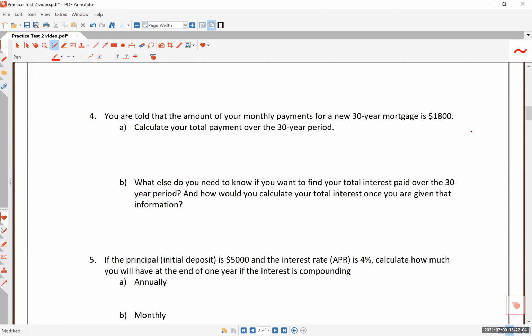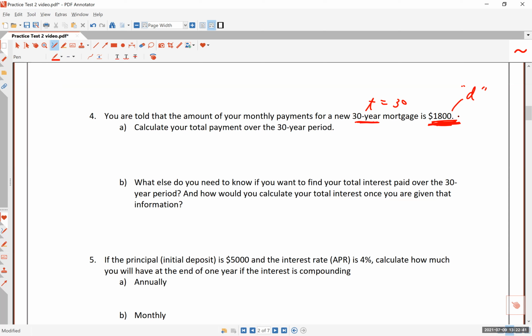You are told that the amount of your monthly payments for a new 30-year mortgage is $1,800. So this is your deposit D or monthly payment. Calculate your total payment over the 30-year period. Are we missing anything? Am I supposed to have like the interest rate or something? Well, no, not really. Sometimes for your homework, you needed to calculate this amount based on your interest rate and the amount of mortgage.